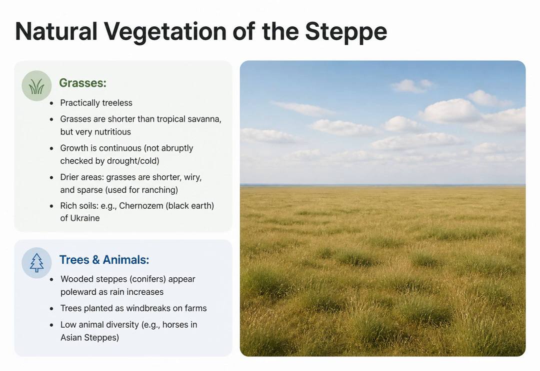In drier continental interiors, the grass becomes wiry and sparse, better suited for ranching than farming. Trees only really appear naturally in transitional zones closer to the poles, or when farmers plant double rows of them to act as windbreaks against the relentless steppe winds. Animal diversity is relatively low, historically dominated by grazing herds and horses.